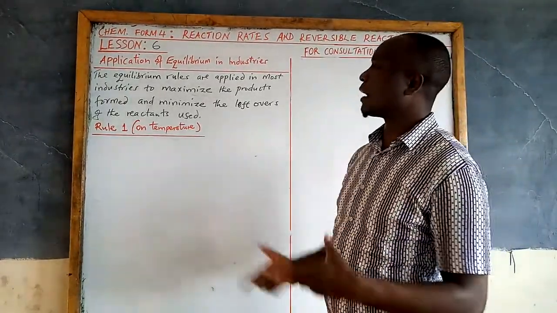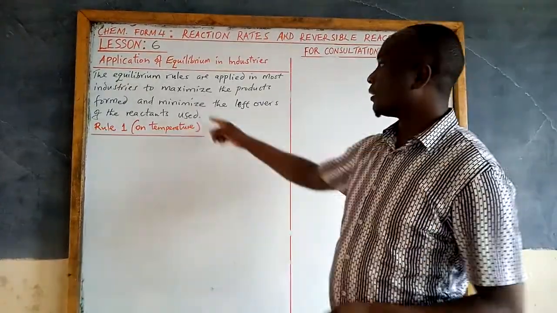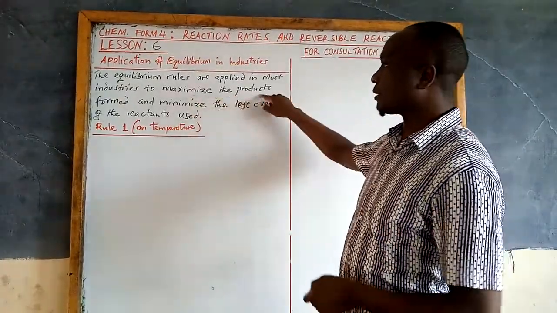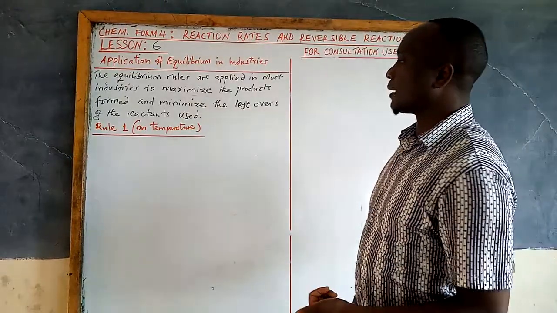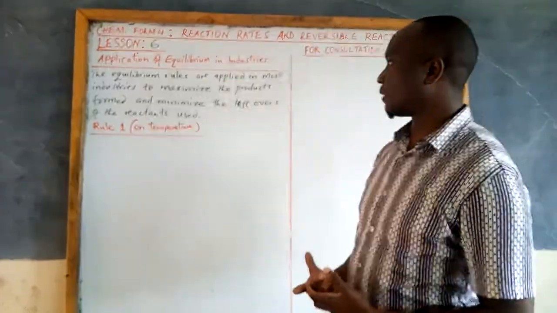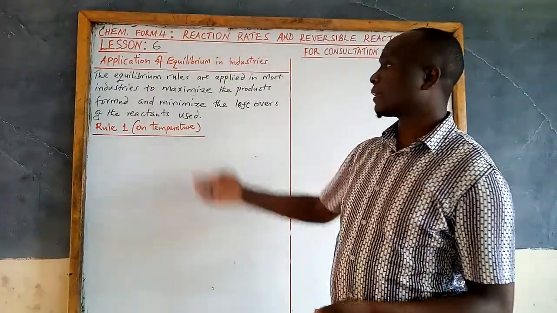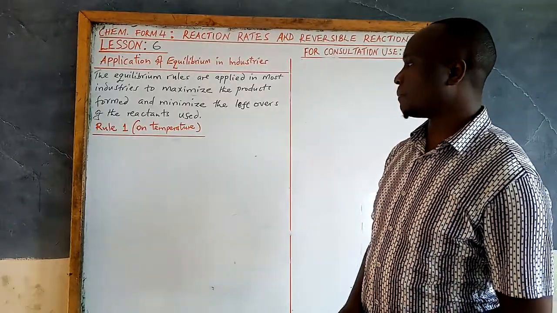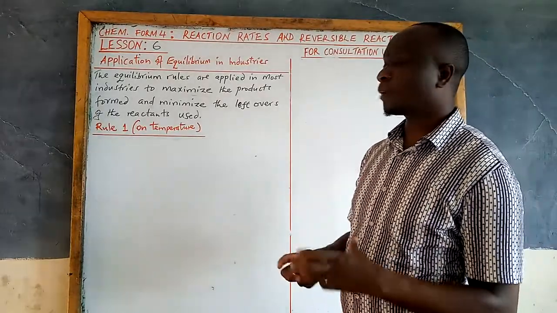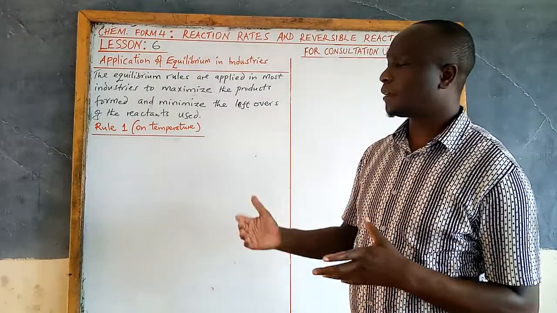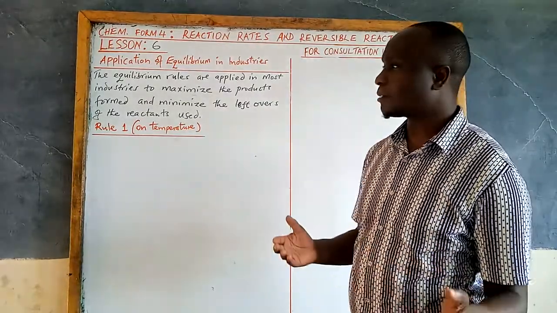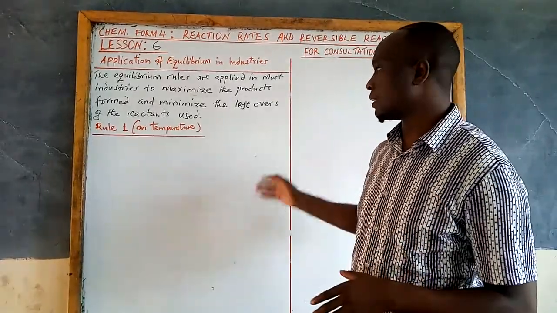Those rules are applied for two main reasons. One is to have the highest possible yields, that is maximizing the product, and the other reason is to have minimum leftovers of the reactants. As I gave an example last lesson of ammonia, usually only about 10 to 15% of nitrogen and hydrogen is converted to ammonia.